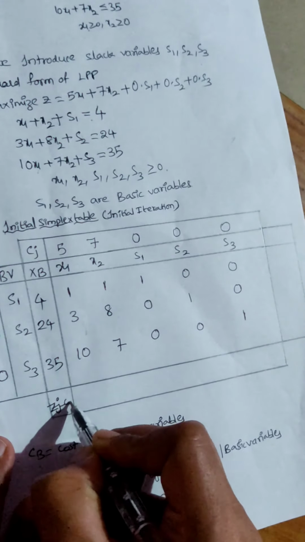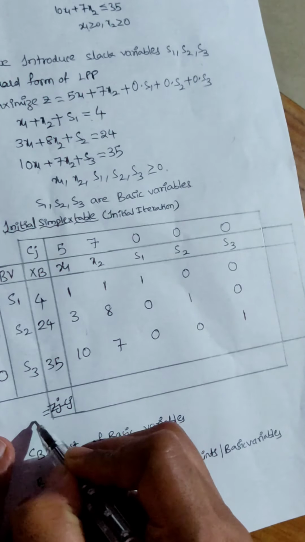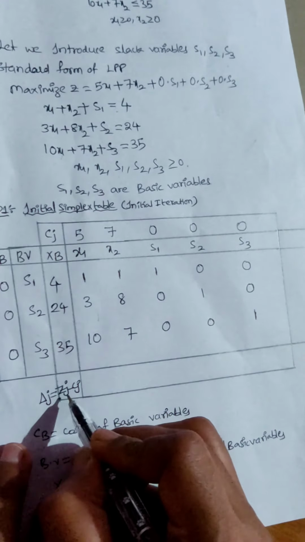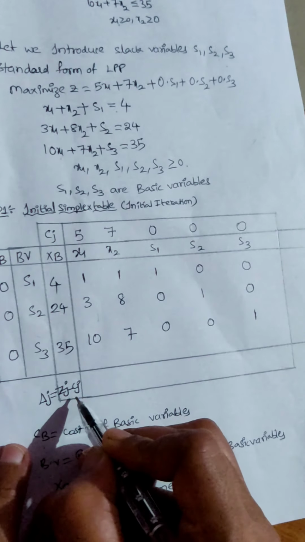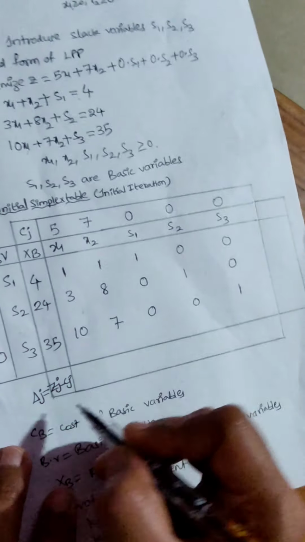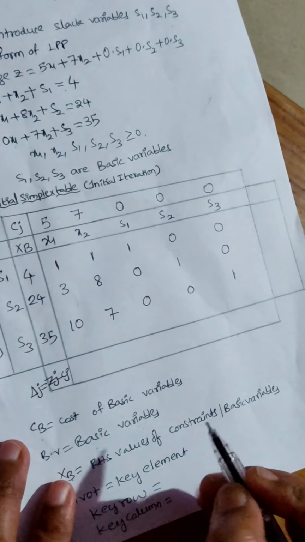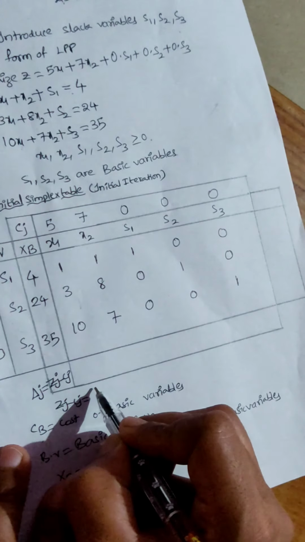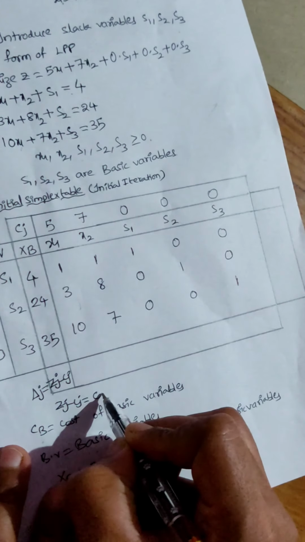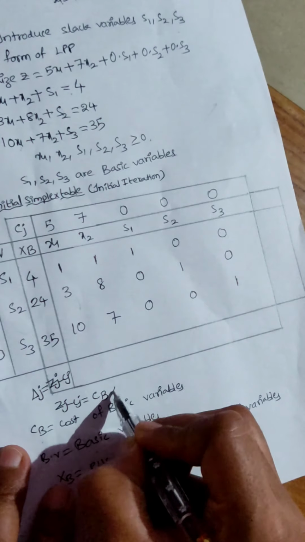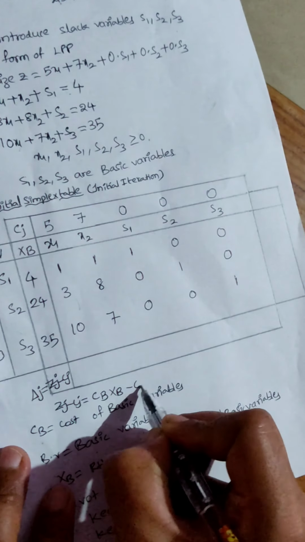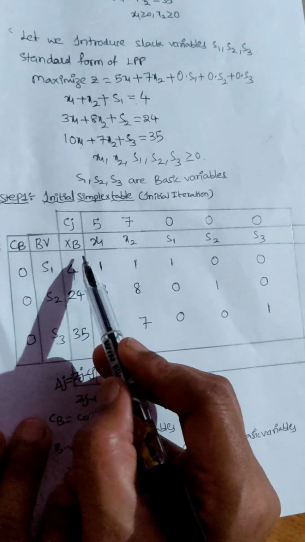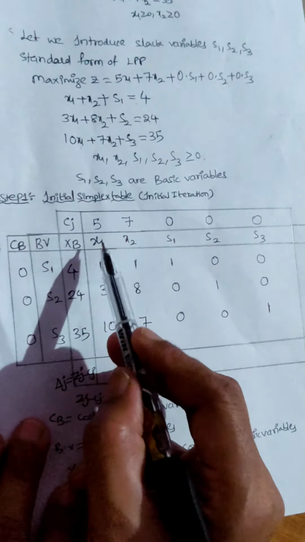zj minus cj values, or we write it as delta j values. Calculate the net evaluations. Here zj minus cj is known as the net evaluations. The formula for zj minus cj is cb into xb minus cj.